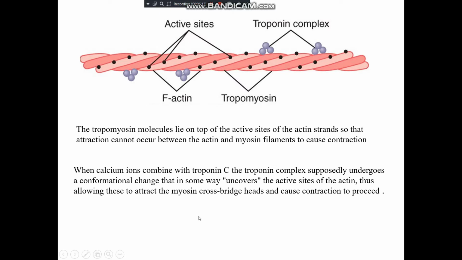Active sites are uncovered when the calcium ions combine with the troponin C, which makes structural, conformational changes, and thus it uncovers these active sites. And when the active sites are uncovered, the myosin head can bind with this.